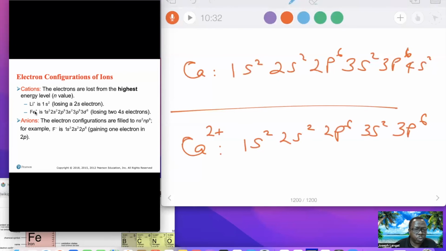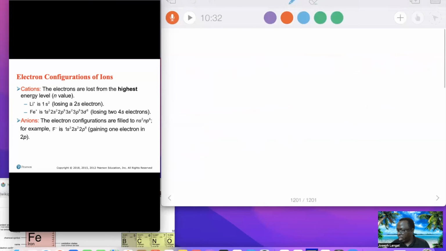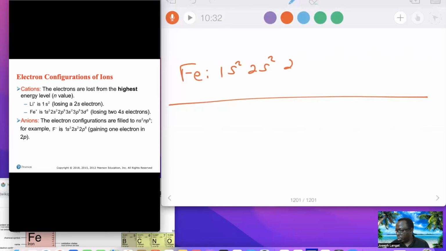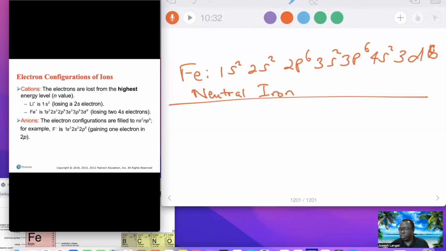By the way, the electron configuration is 1s2, 2s2, 2p6, this is 10, 3s2, this is 12, 3p6, 18, 4s2, 20, 3d6, making 26. This is just for the neutral atom.